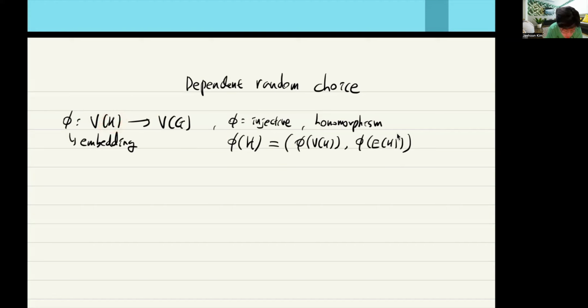And we use the terminology that H embeds into G, meaning that G contains a copy of H as a subgraph.